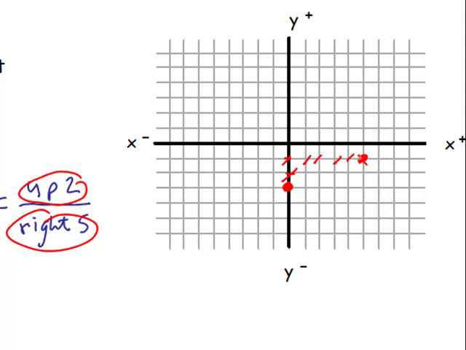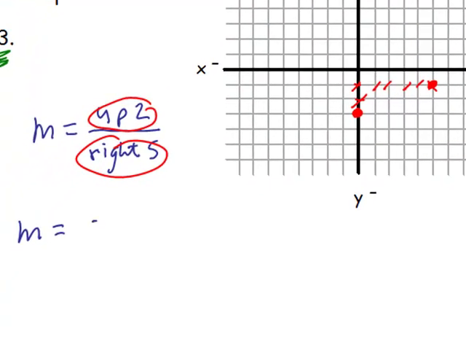If I go up 2 and to the right 5, I'm going to go off the graph. So I'm going to need to consider the alternative slope, and that is by writing m as -2 over -5.